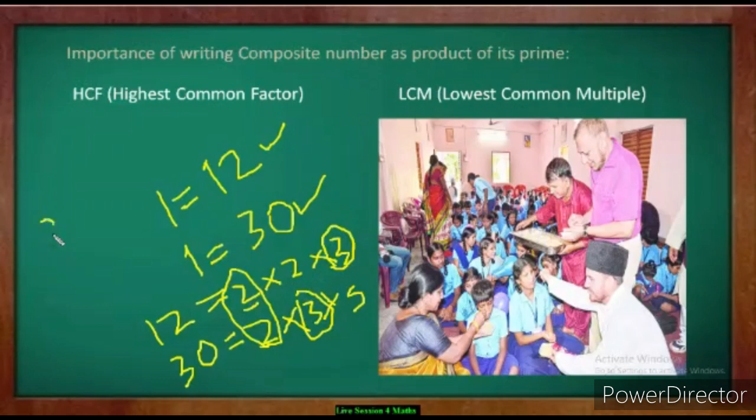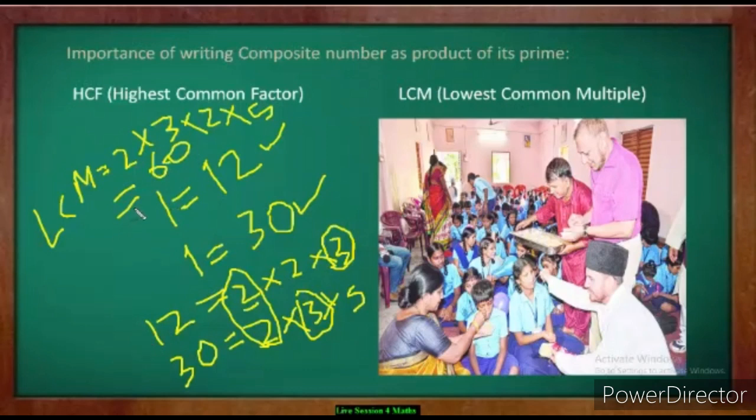So LCM equals 2 multiply by 2 multiply by 3 multiply by 5, that is equal to 60. So you will see now 60.